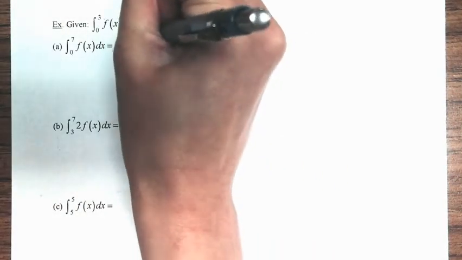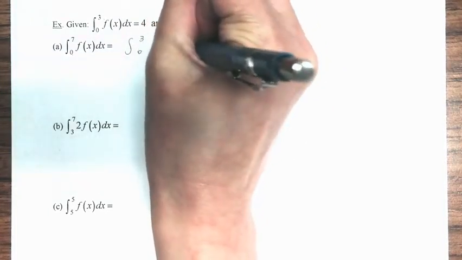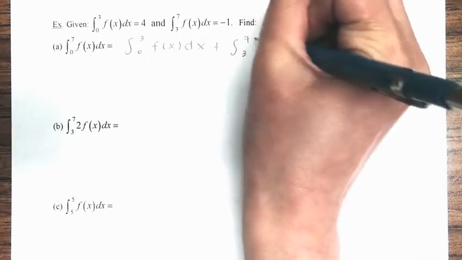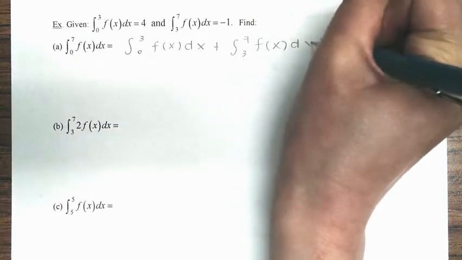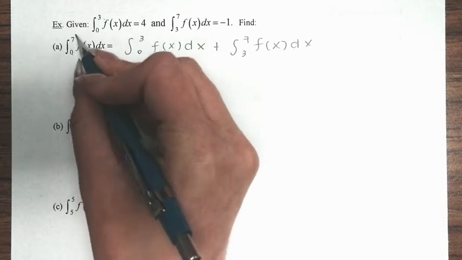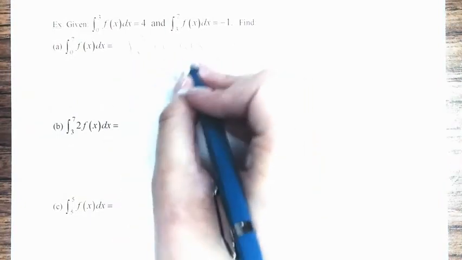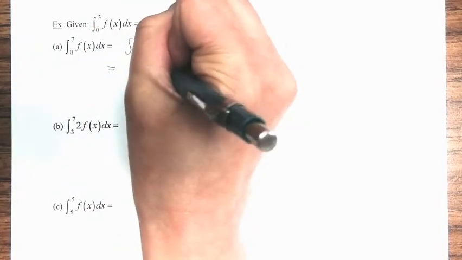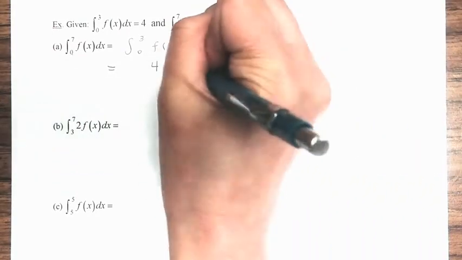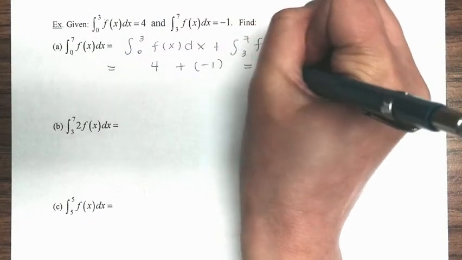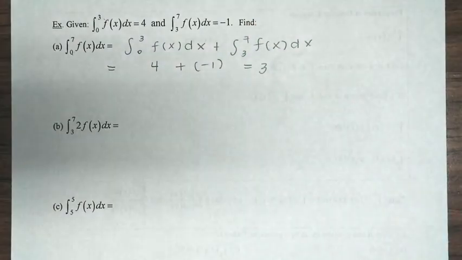The integral from 0 to 3 plus the integral from 3 to 7 is equal to the integral from 0 to 7. I already know the values from the hypothesis: 4 and -1. You combine these two, and that integral is going to be 3.